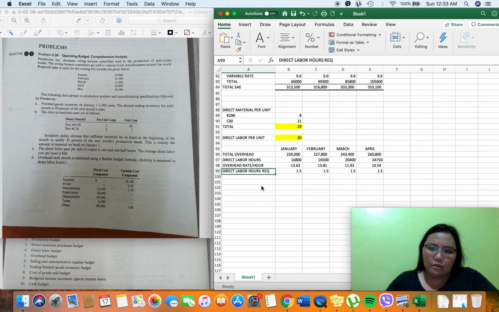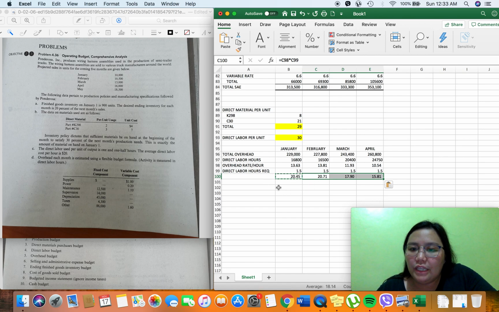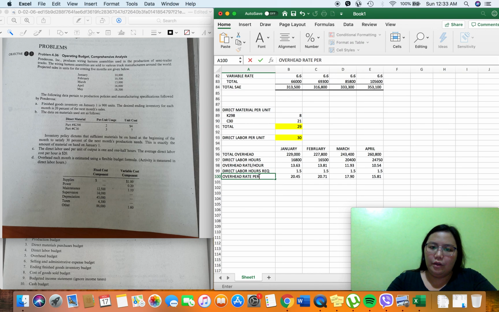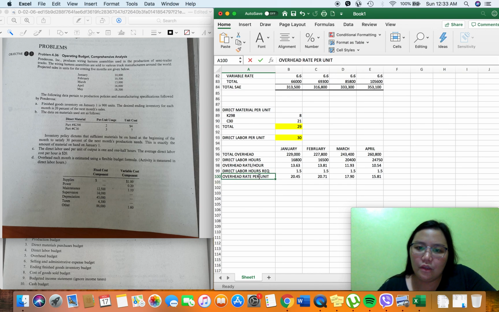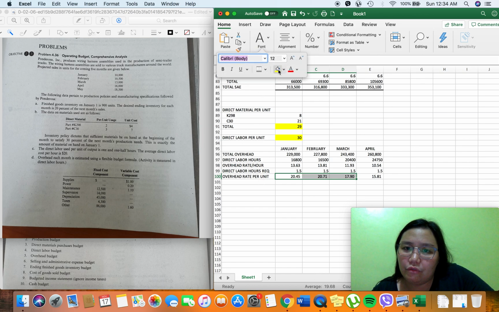Once we have multiplied, 13.6 times 1.5, we have 20.45, 20.71, and 17.9. So this is the overhead rate per unit. For the months of January, February, and March, as well as April, of course, we are going to have a different rate.